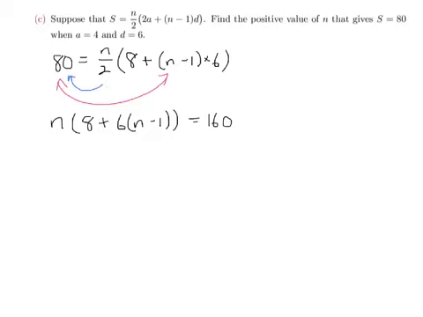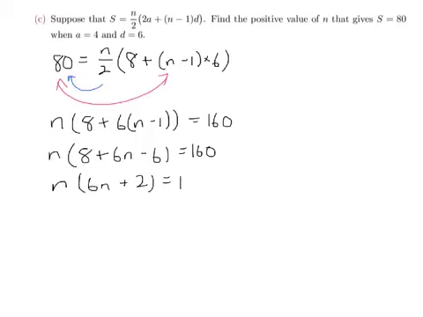Now this is looking a bit better, we can start expanding. So we get n brackets 8 plus 6n minus 6 equals 160, or in other words, n brackets 6n plus 2 equals 160.